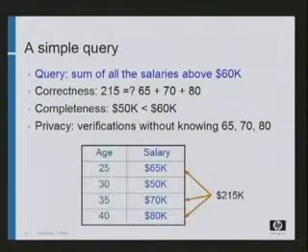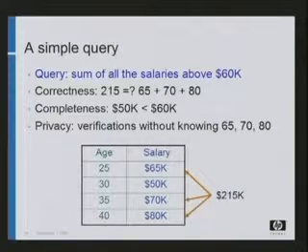So here is a simple example of what kind of query we consider. Suppose you have a two-attribute database table, age and salary. The query is: sum all the salaries that are above 60K. So the first, third, and the last record are selected, and then the sum is computed.